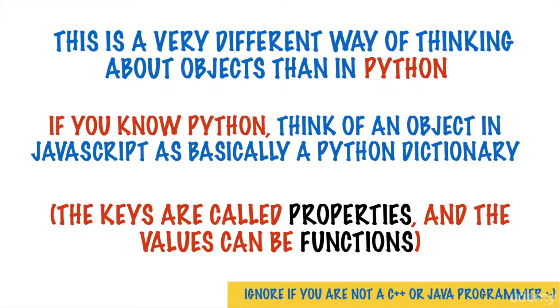That's exactly what a JavaScript object is. The keys are called properties, and the values associated with those keys can also be functions. That's the difference between a Python dictionary and a JavaScript object. At its core, in the heart, a JavaScript object is very similar to a Python dictionary.